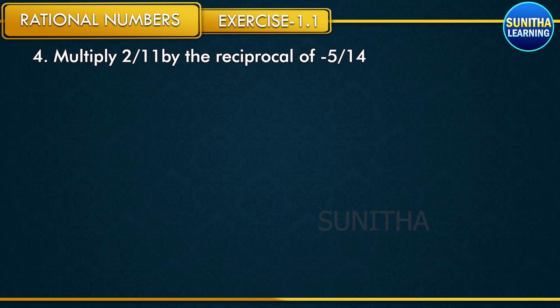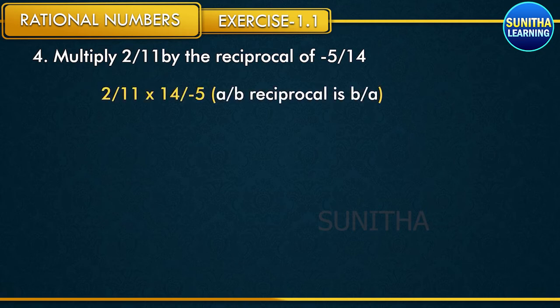So in this kind of problem, properly understand which reciprocal he is asking. Multiply means into. So just write down 2 by 11 into the reciprocal of minus 5 by 14. Yes, we know the reciprocal of A by B is B by A. So here also same.